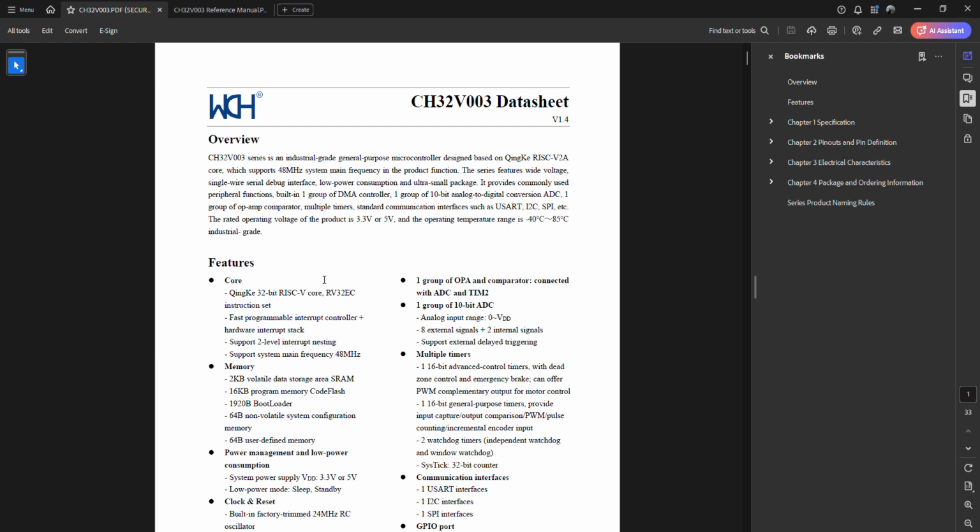So basically, as we already know, with STM32s and STM8 microcontrollers, usually ST provides two sets of documentation. One is the datasheet that defines the properties of the microcontroller, but with very little documentation.